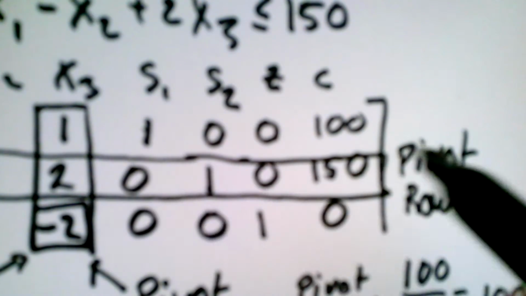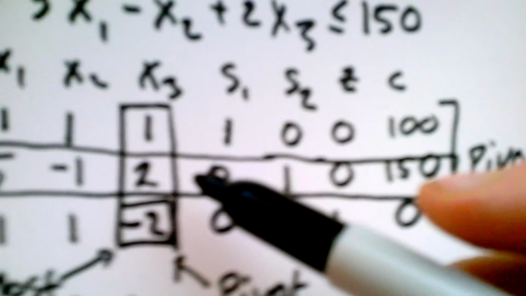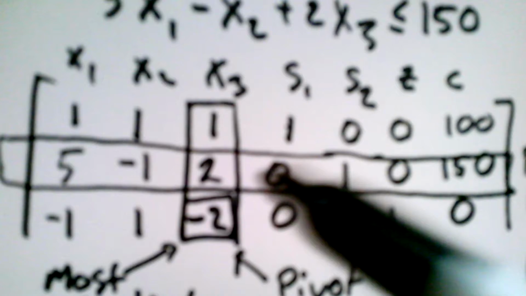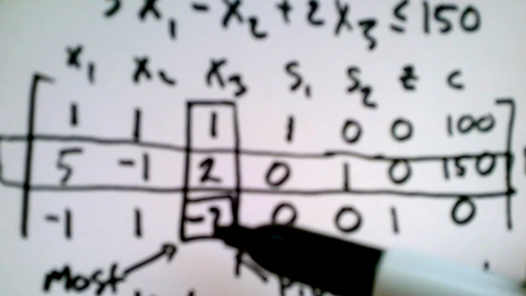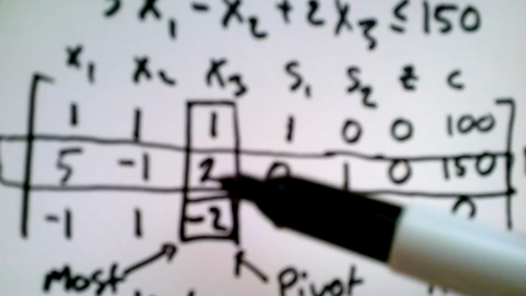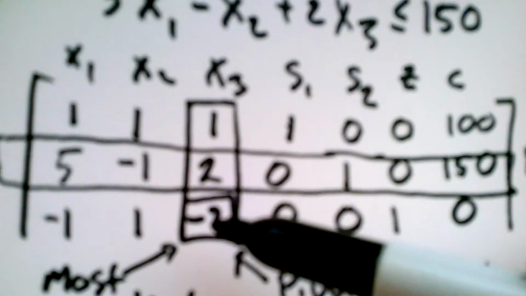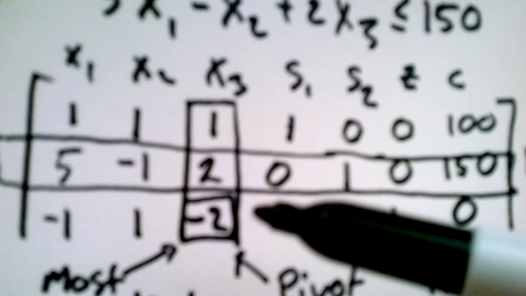This is the pivot row, this is the pivot column, 2 is the pivot. Now, we need to figure out how to use row operations to eliminate all elements in the pivot column that are not the pivot. So the pivot is 2. That means 1 and -2 are not the pivot. We need to get rid of both of them using legal row operations.